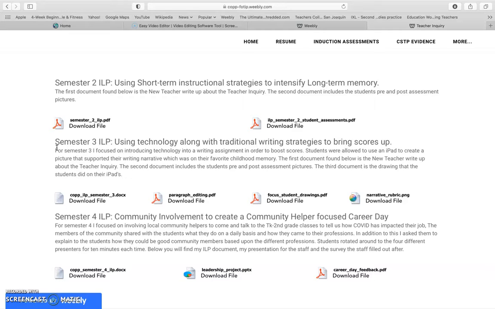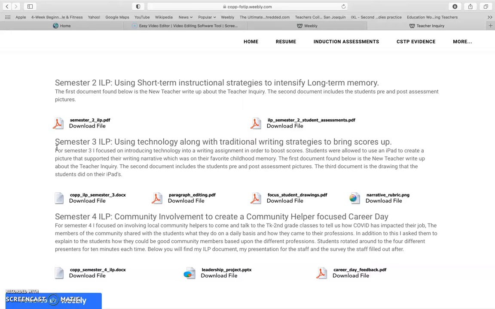And after we brainstormed and shared what would be good ideas, we broke up into 3 different writing rotations. And these are leveled on their abilities and skill levels. So the first group would be working on the iPads, and they would draw a picture of what their favorite childhood memory was. And I could print those off and save them so I could look back at them to see if they were on topic.